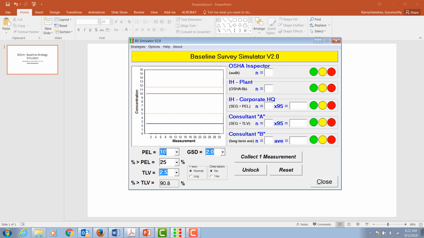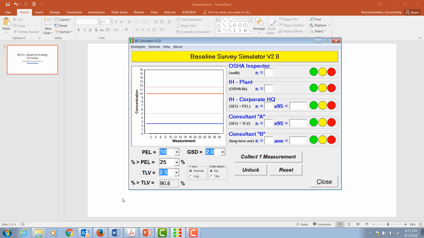Let's assume that the PEL is equal to 10 for this hypothetical substance. And we'll also set the percent exceedance over the PEL to be 25%, meaning that it's a clearly unacceptable scenario if we take the PEL as our occupational exposure limit.